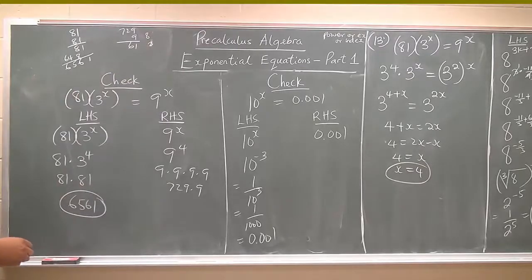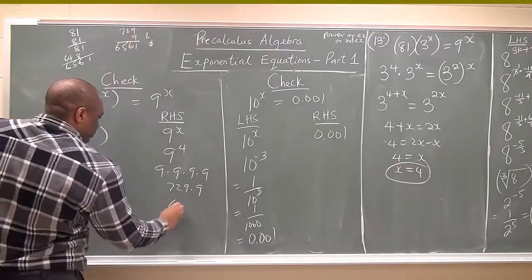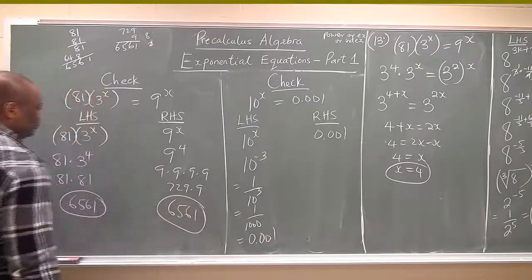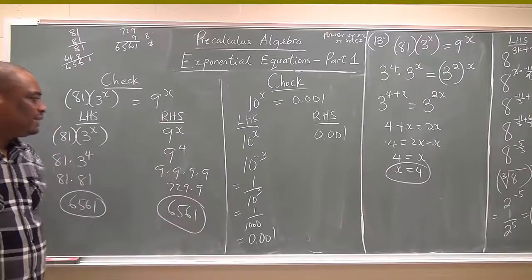Then 9 times 7, 63, plus 2, 65. 6561. So this is 81 times 81, 6561, and 729 times 9, 6561.